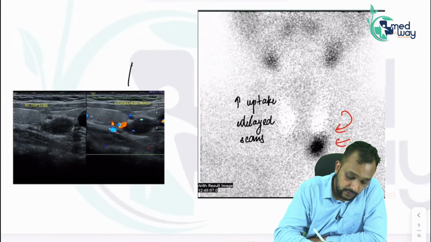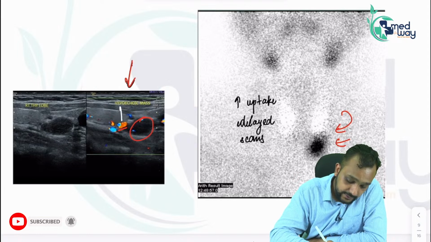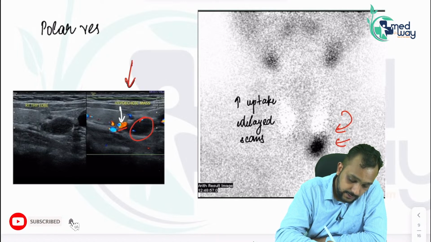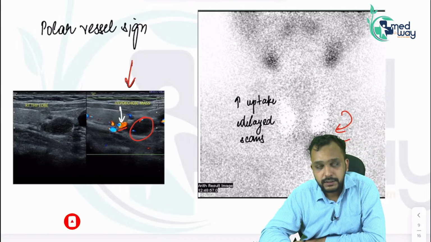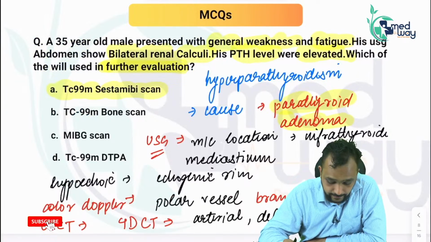And these are the ultrasound images we have already discussed. On ultrasound it will appear as a hypoechoic lesion, and that hypoechoic lesion will be supplied by a vessel. So this is known as polar vessel sign. Okay, sestamibi scan, right?